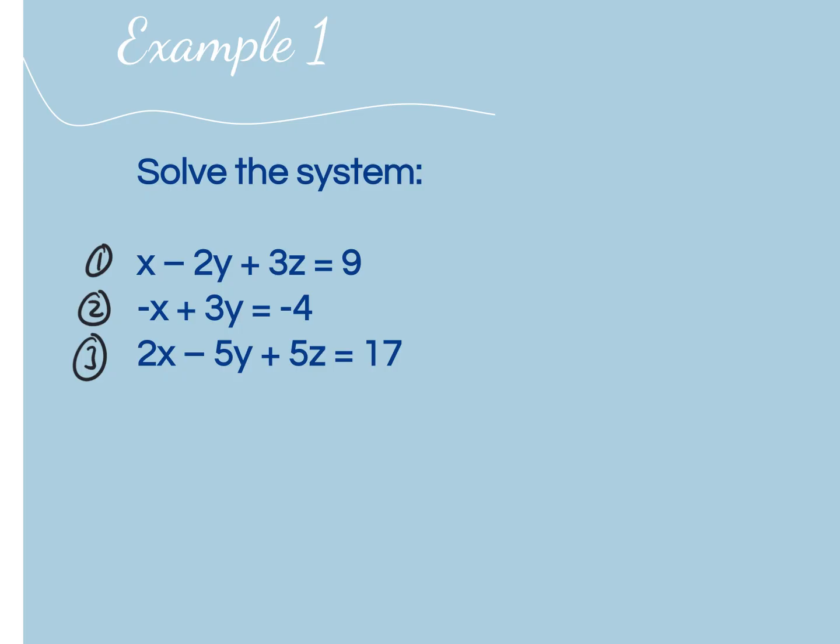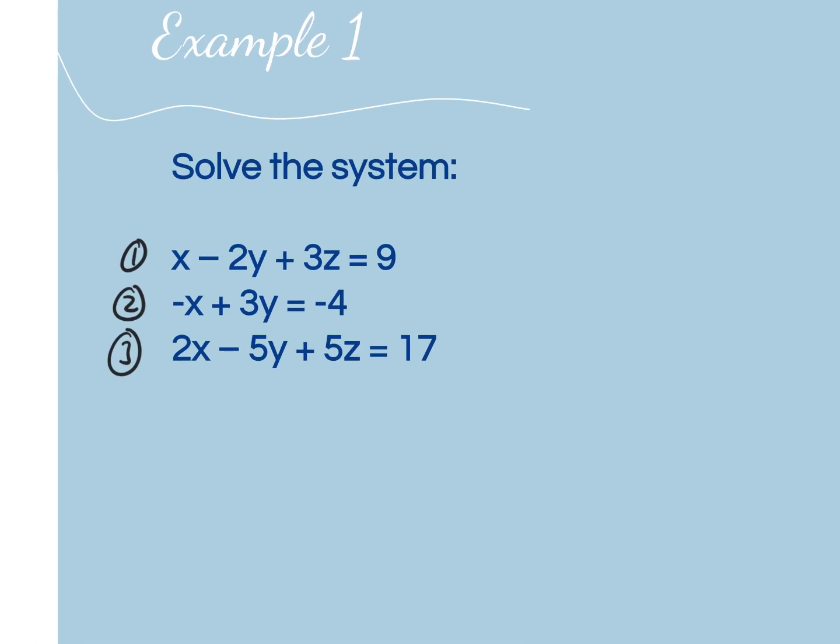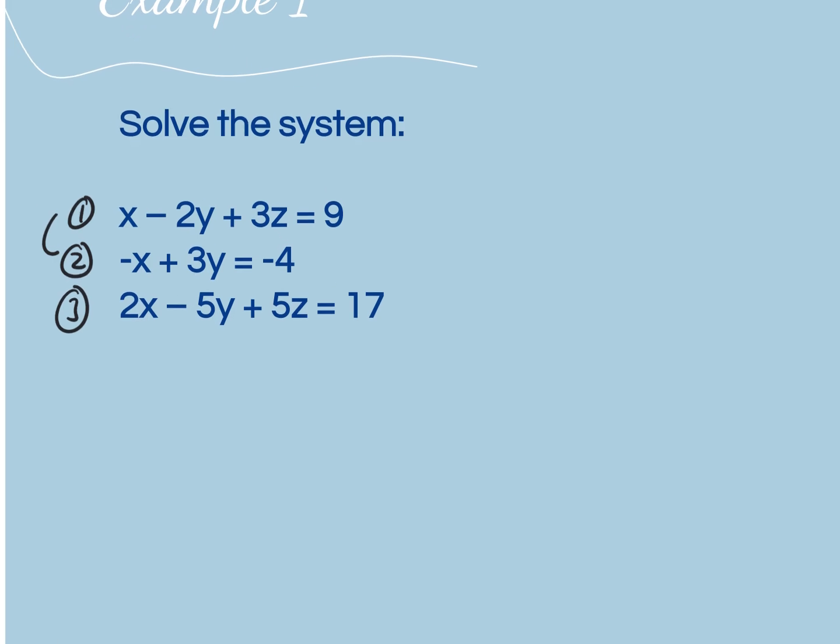But if you look at the coefficients, if it's not convenient to mess with the coefficients, don't do it. It looks like here the easiest thing to do is eliminate x, because with equations 1 and 2, if you combine those, the x's cancel out immediately.